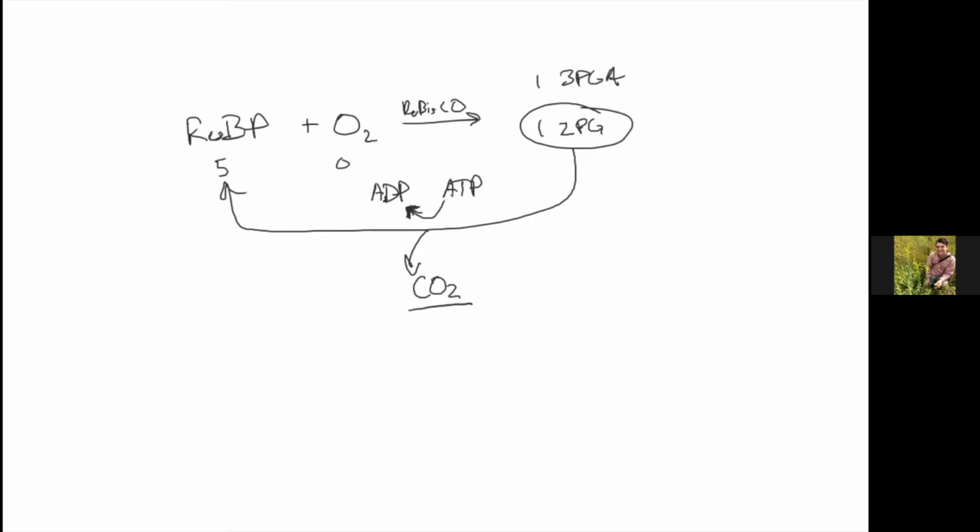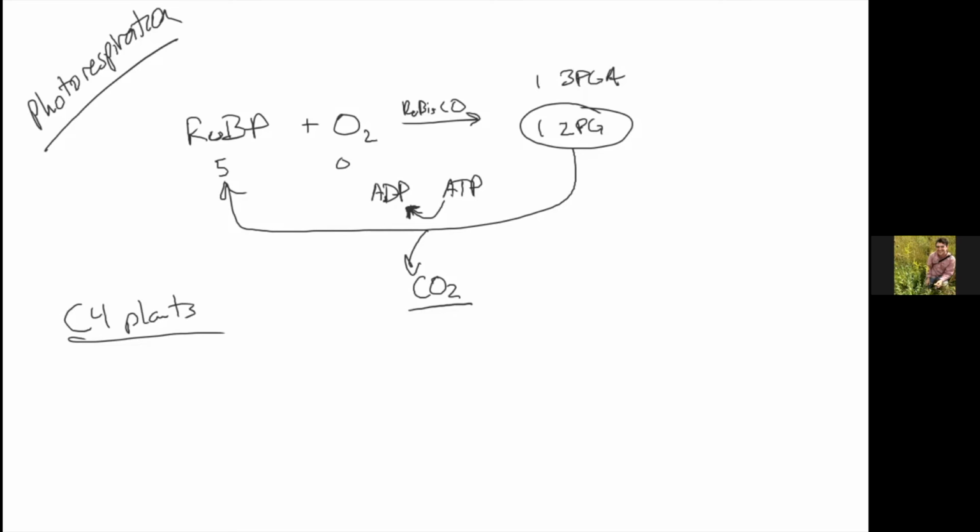So how do you avoid this sloppy fixation of oxygen by Rubisco? How do you make it so that Rubisco can only ever fix carbon dioxide and you avoid this whole situation? Well, what C4 plants do is they just take Rubisco out of the initial carbon capture.